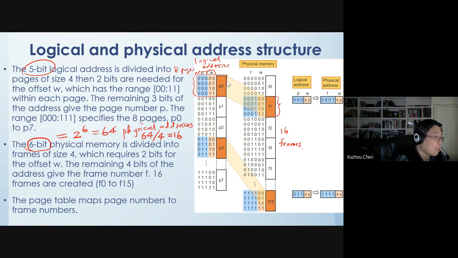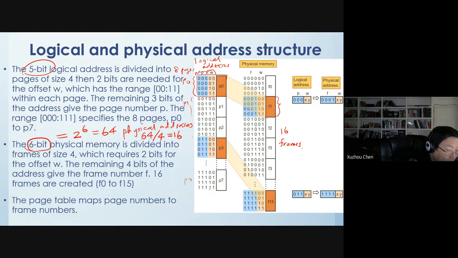I just measure how many pages I need for that program. So this is the program I have, and here's page 0 for the program, here's page 1, and page 2, and here's page 7 for the program.